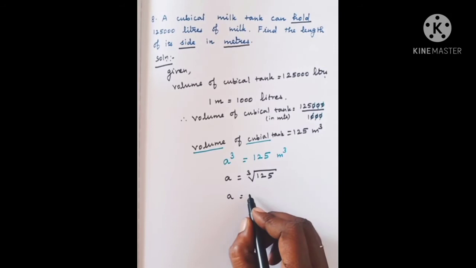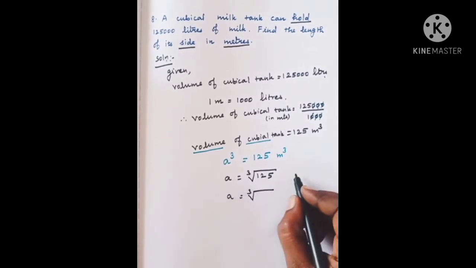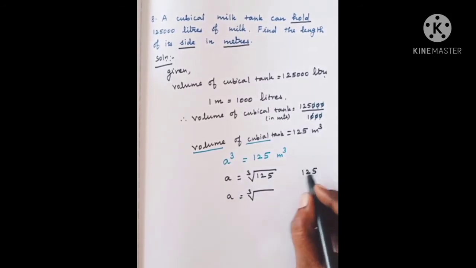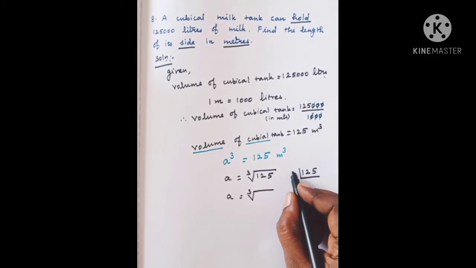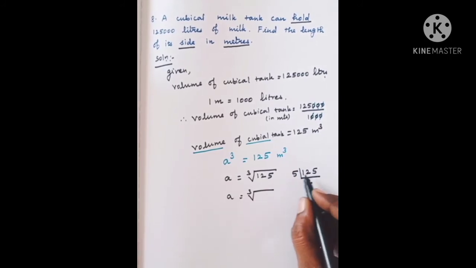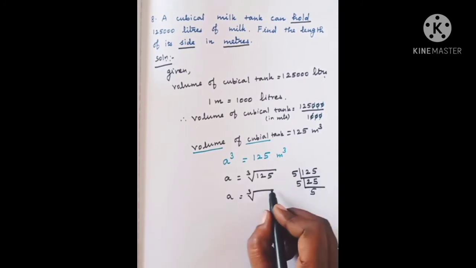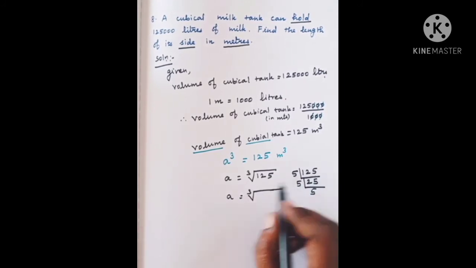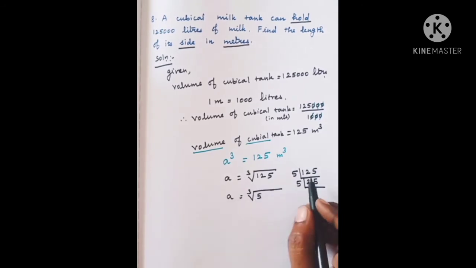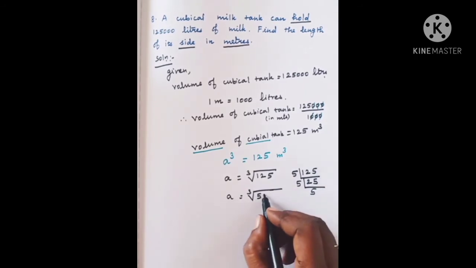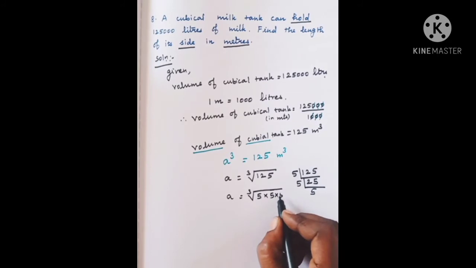So taking prime factorization for 125, you will get 5 5s are 25. Again you have 5 into 5. This and all you already know. So taking prime factorization, you will write this 125 as 5 into 5 into 5.